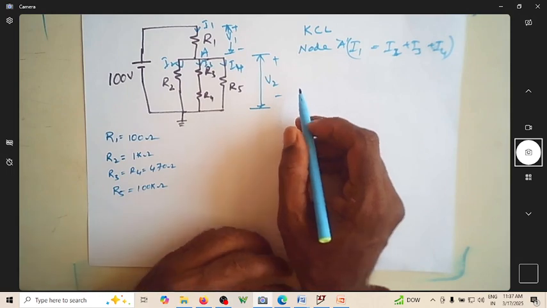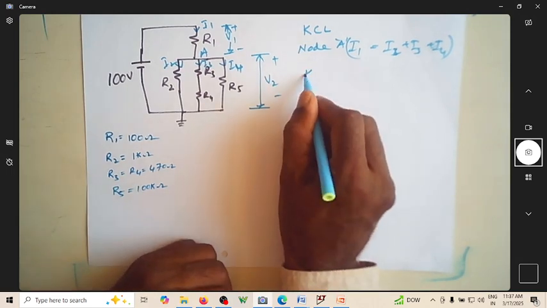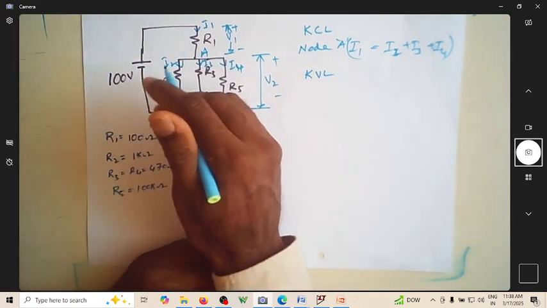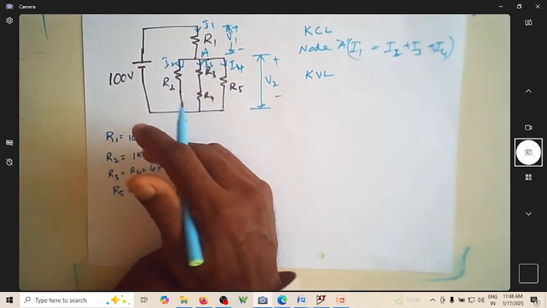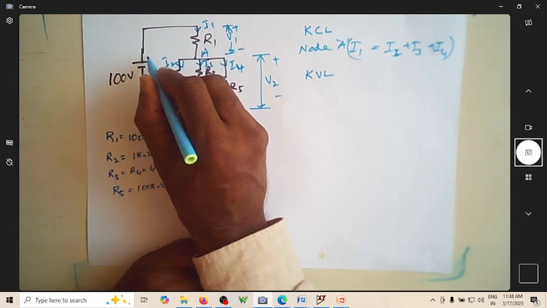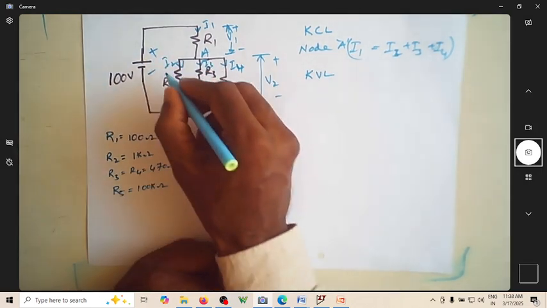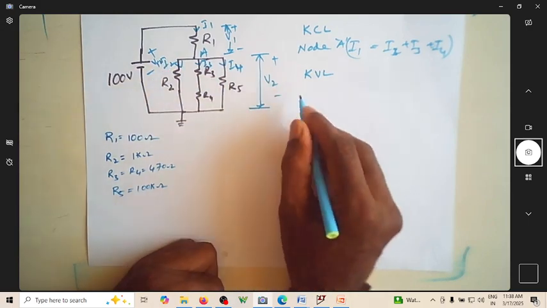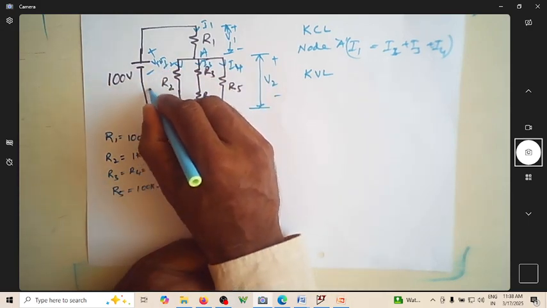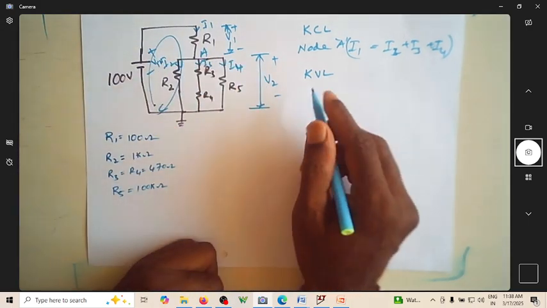So coming to Kirchhoff voltage law. In a closed loop, suppose you consider this as V in. Suppose you start from here and then come back to the same point, so it's your closed loop.